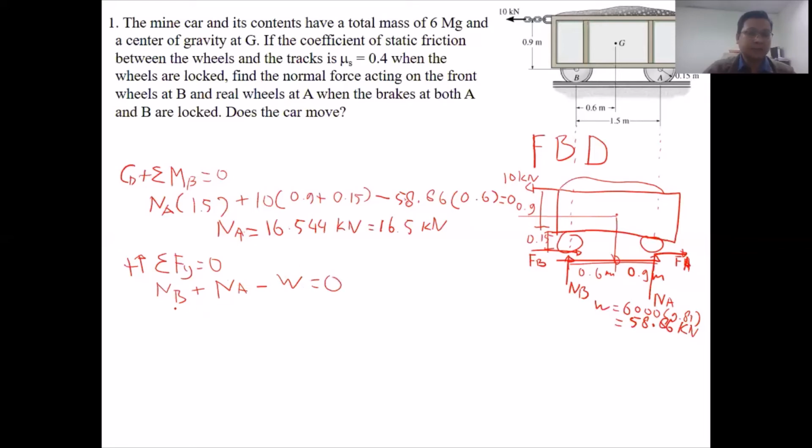Now we input into the equation all known parameters. NB is still unknown, but NA is already solved, and the weight is already known.